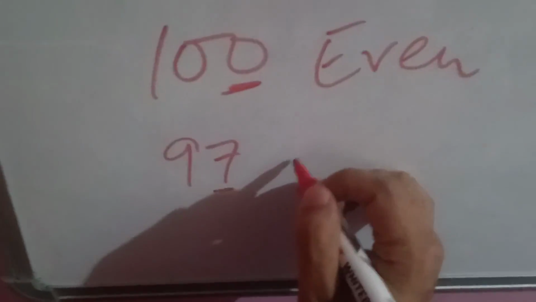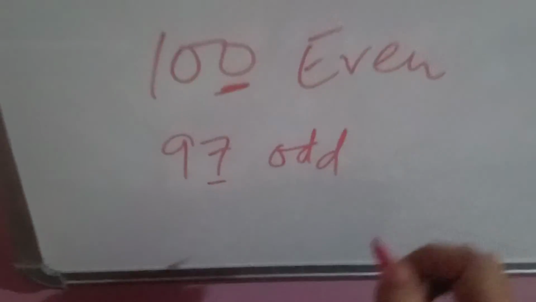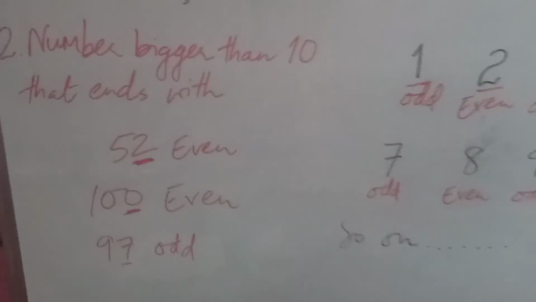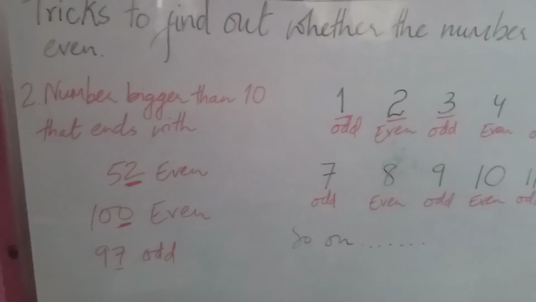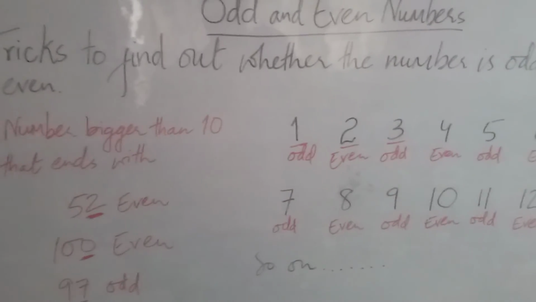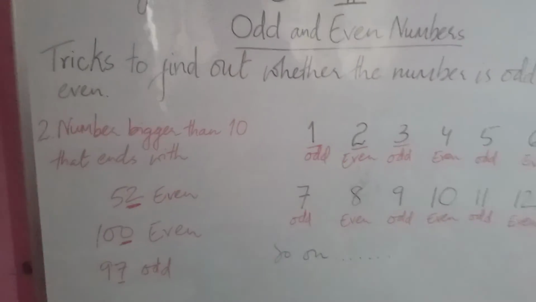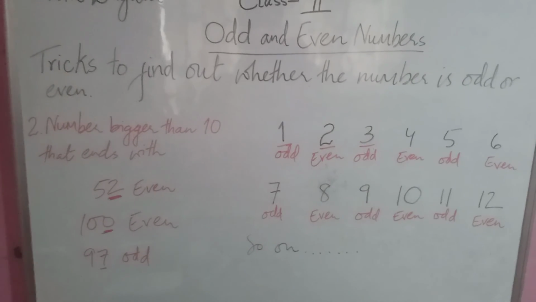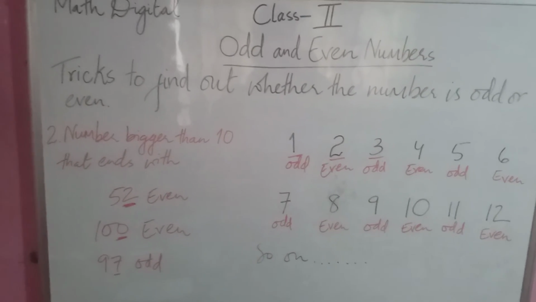Is 7 odd or even? It is an odd number, so we'll write odd here. Though 97 is bigger than 10, this is how you find whether the number is odd or even. I hope you understood what I'm trying to say.